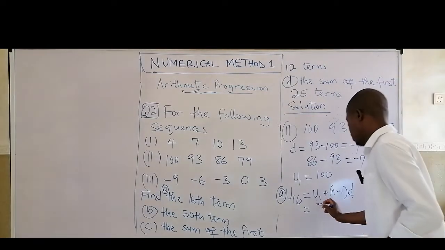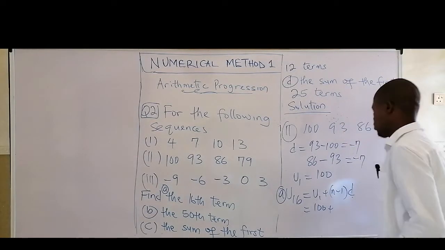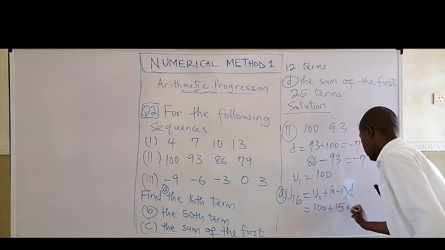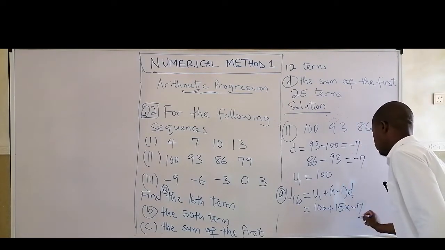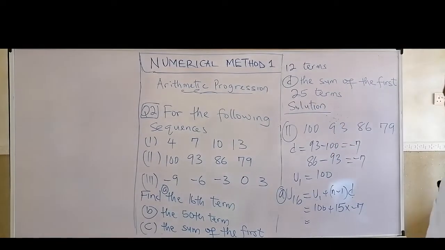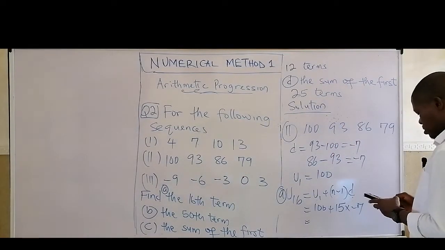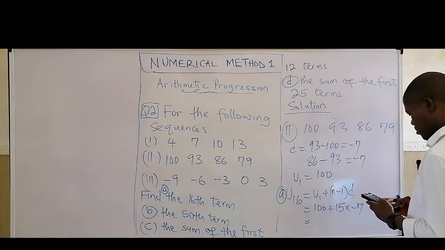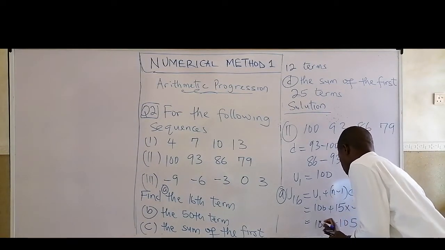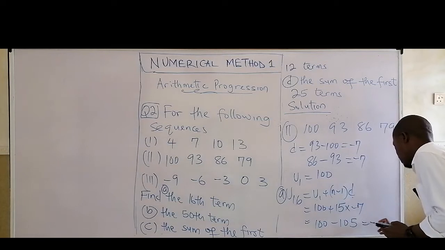My u1 is 100 plus 16 minus 1, that's 15, times the common difference, minus 7. We can take our calculator and multiply that: 15 times minus 7 is minus 105. 100 minus 105, that's minus 5.